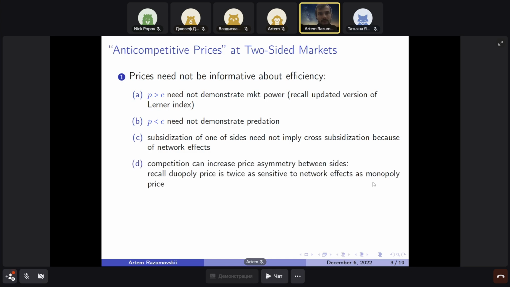And if you are talking about two platforms competing on prices, then it could be even more complicated.